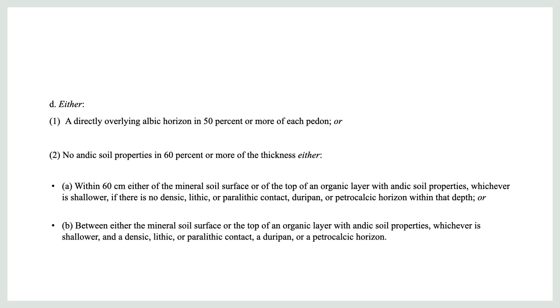So in the first 60 centimeters, either from the mineral soil surface or the top of an organic layer with andic soil properties, whichever is shallower, if there is no densic, lithic, or paralithic contact, a duripan, or a petrocalcic horizon within that depth, so in this first 60 centimeters, or between either the mineral soil surface or the top of an organic layer with andic soil properties, whichever is shallower, and a densic, lithic, or paralithic contact, a duripan, or a petrocalcic horizon.